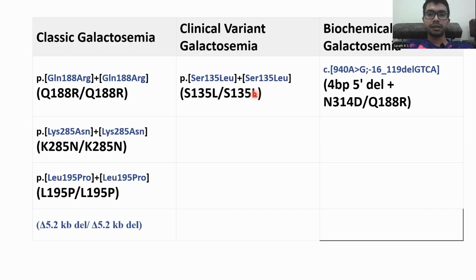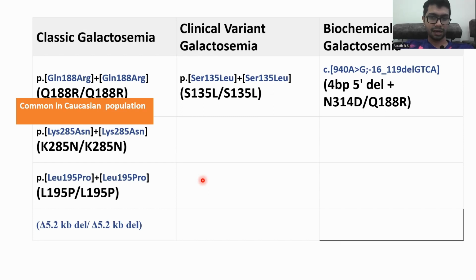So these are the various variants associated with galactosemia. The classical galactosemia variants are, one is Q188R, that is, there is an amino acid change from glutamine to arginine at position 188. These variants are usually seen among the Caucasian population. The usual classic galactosemia, the most severe one, is related to this genetic variation.